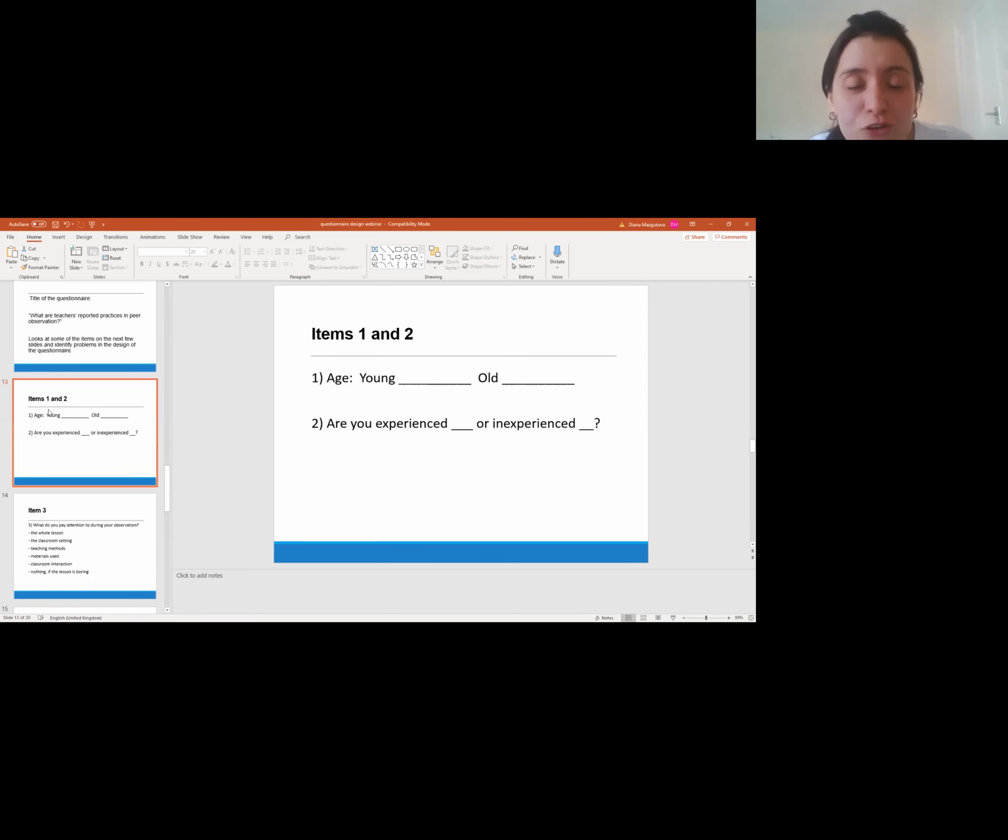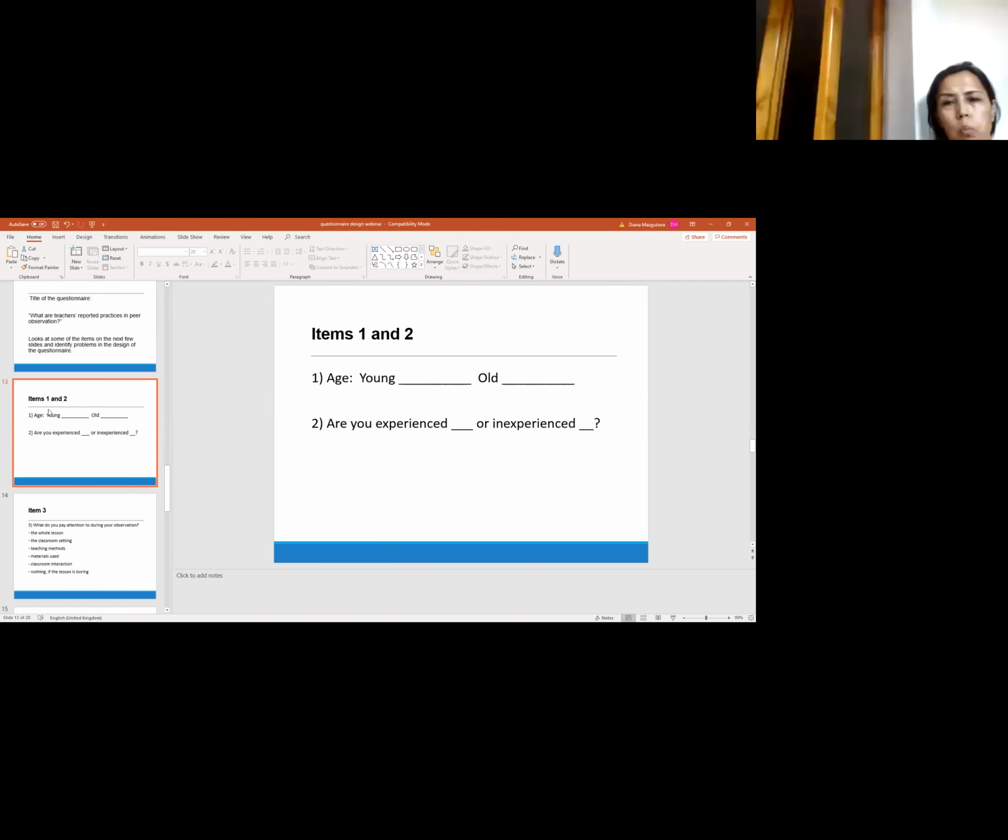So for example, if you look at these two items on one slide, the first item, first of all, what type of question is it? Is it the factual, attitudinal, or behavioral type of question? Would anyone like to say what type of question it is? Or maybe write the answer.